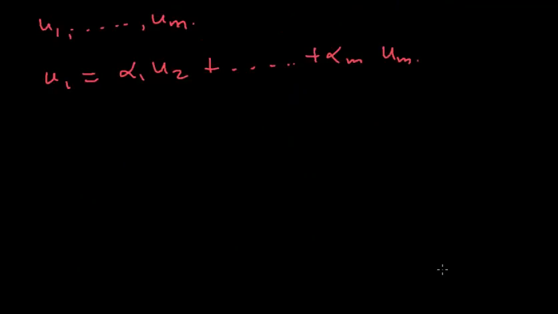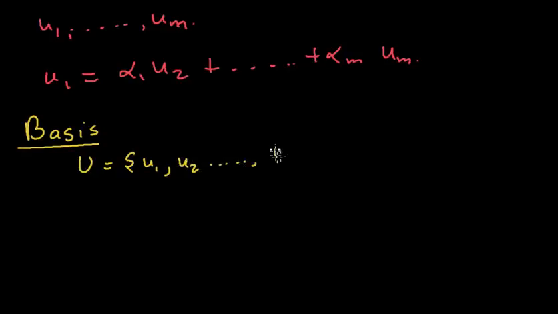Now that we have talked about linearly dependent and linearly independent, let's talk about the basis. Let's say we have a set of a few vectors u1 up to un, and they are elements of V, the vector space V itself.